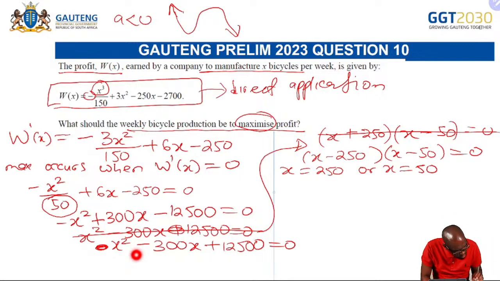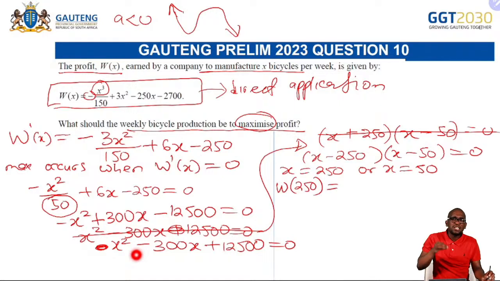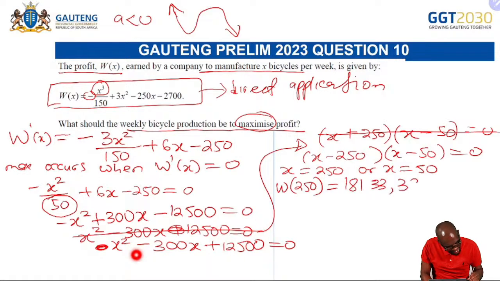If you substitute 250 where you see w, you're going to put 250. When you do that substitution, you're going to get 18133.33. If you substitute 50, you're going to get negative 85633, like that.